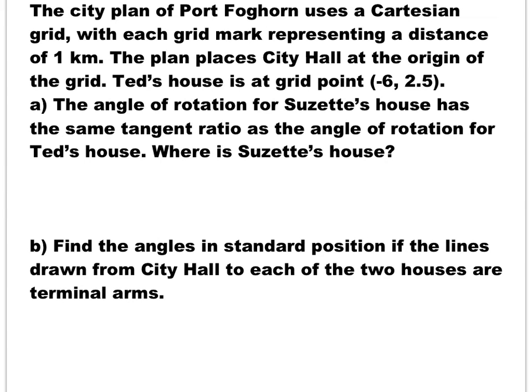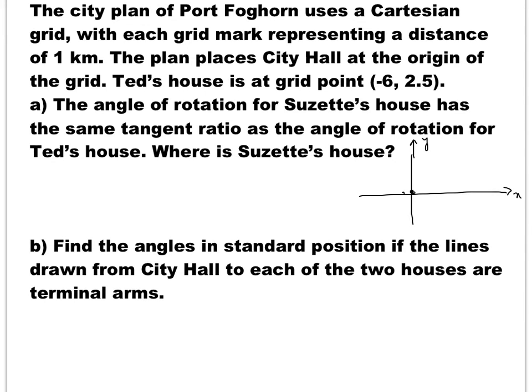In the next example, we know that the city hall is at the origin of the Cartesian coordinate system. So if this is the Cartesian coordinate system, x and y, we know the city hall is here. And we know Ted's house is at the point -6 and 2.5.